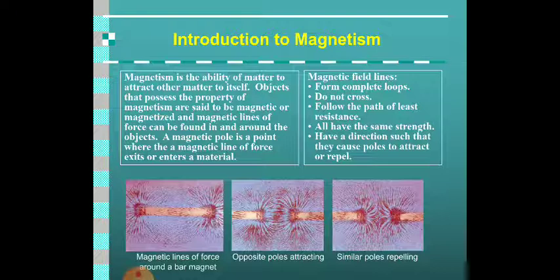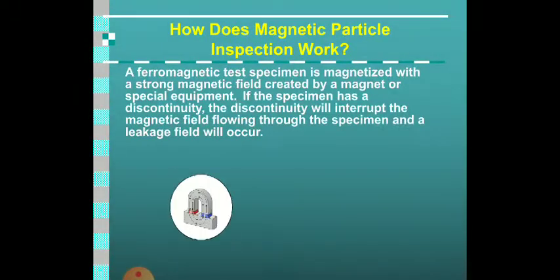These magnetic field lines form complete loops and do not cross, and they follow the path of least resistance, having the same strength and direction, such that they cause poles to attract or repel. So this is the magnetic line of force around a bar magnet: opposite poles attract and similar poles repel.